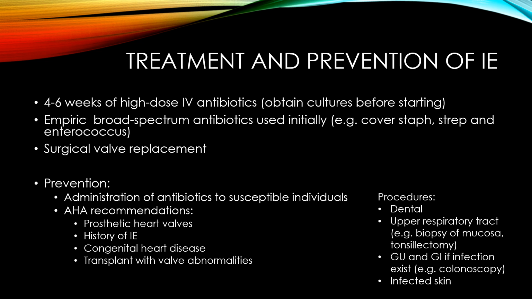Okay, those are higher risk for bacteremia. Any genitourinary or GI infection, if infection exists. So any kind of procedure if there's already an infection that exists. So undergoing a colonoscopy, for example. Infected skin, muscle, bone. So the take home here is that if they're undergoing a procedure and they fall in this highest risk group, they should be given antibiotics prophylactically to prevent and at least lower their risk of infectious endocarditis in the future.